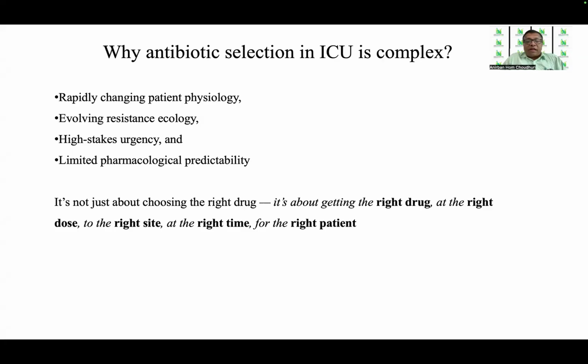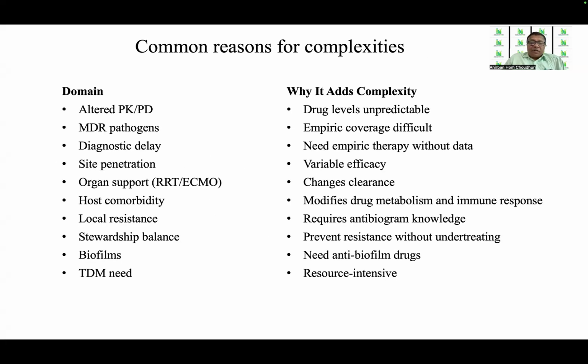Therefore, when we choose an antibiotic, it is not just about choosing the right drug. It is also about choosing the right drug in the right dose at the right site, at the right time in the right patient. And whenever we look into each of these domains individually, then we can further elaborate on why it adds to this complexity.